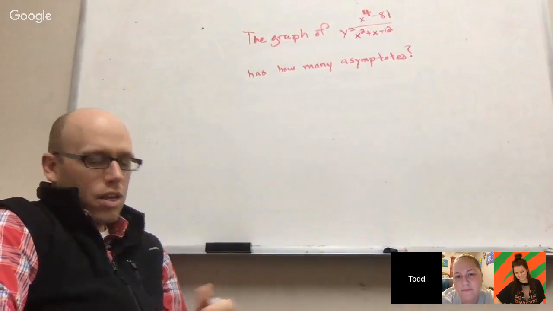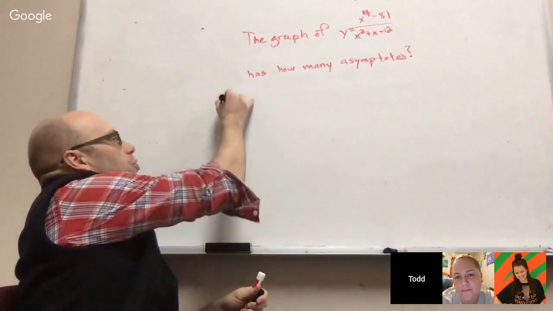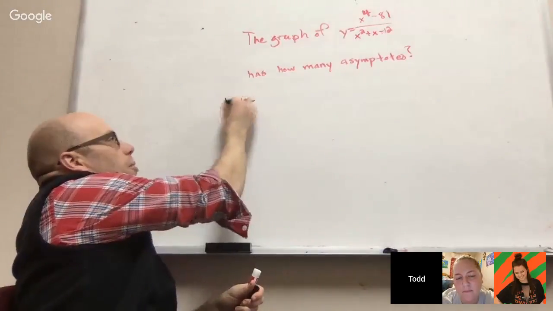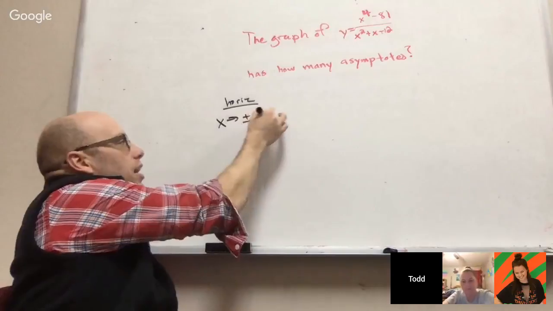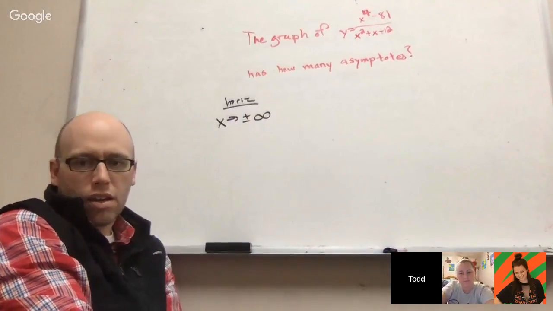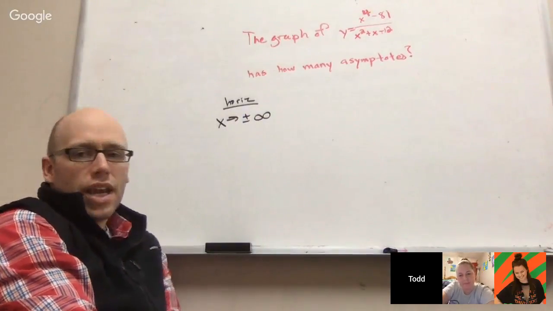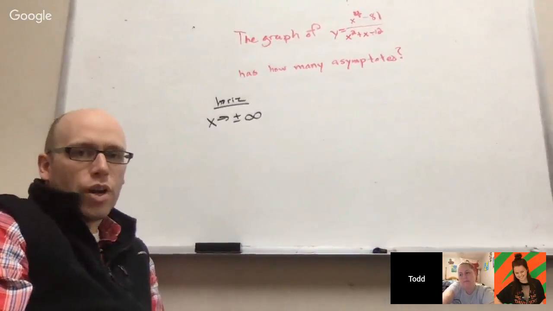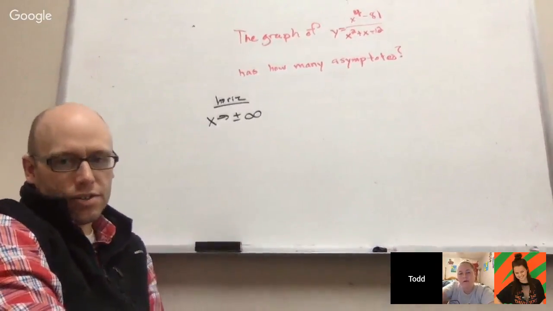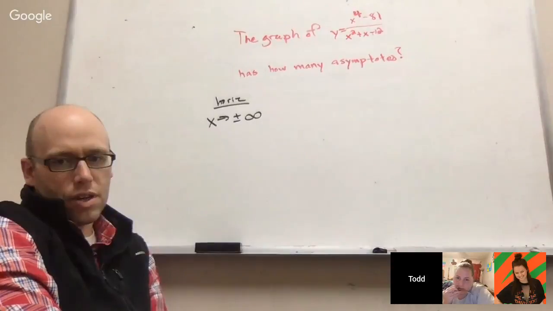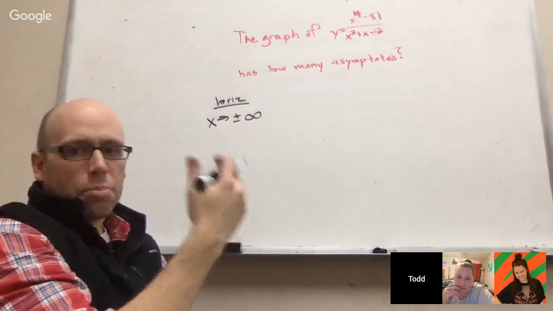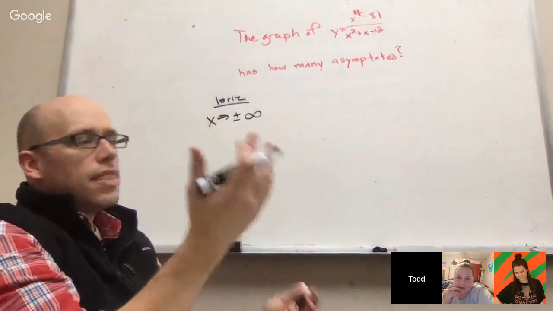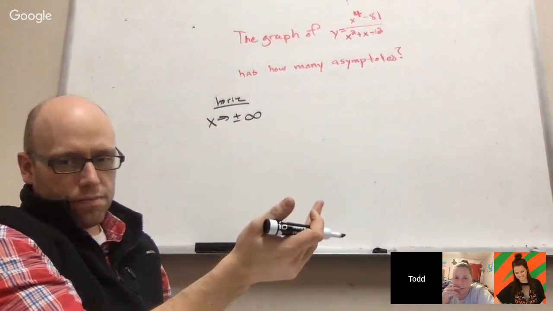Okay. So for horizontal asymptotes, remember, they are about what happens as x gets really big. So all we really care about is what happens for extreme values of x. For really big values of x in a polynomial, the only thing that matters is the leading term.